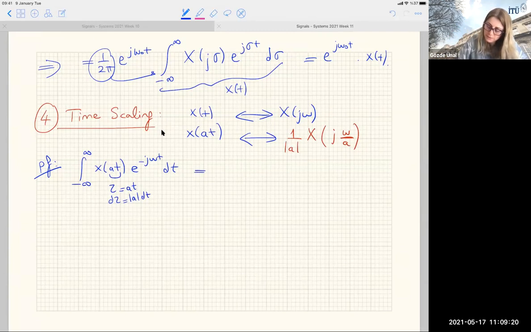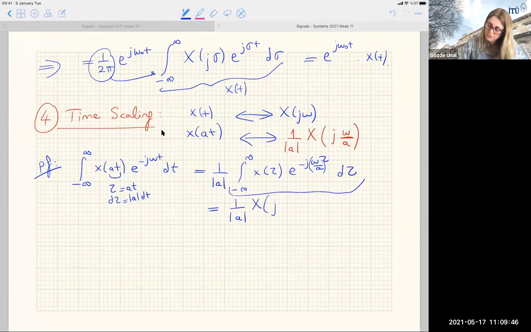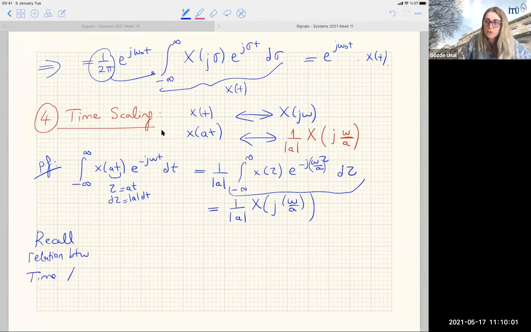So I will need this 1 over a, minus infinity to infinity, x of tau e to the minus j omega, you see t is tau over a, d tau. So this is really what we've just shown. This is equal to 1 over a X of j omega over a. Okay? Frequency is scaled. Again, here you can recall the inverse relation, the dual relation between time and frequency.